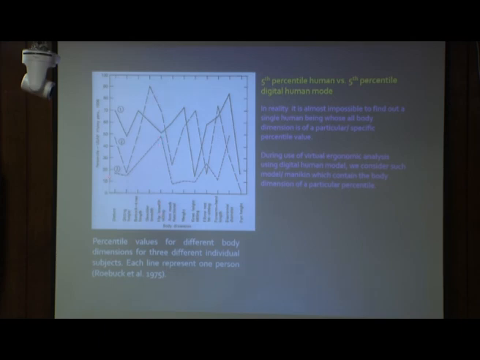So although his stature is near about 15th or 20th percentile, his hip breadth sitting is 50th percentile. It clearly shows that for a single individual, all the body dimensions may not be of a particular percentile.